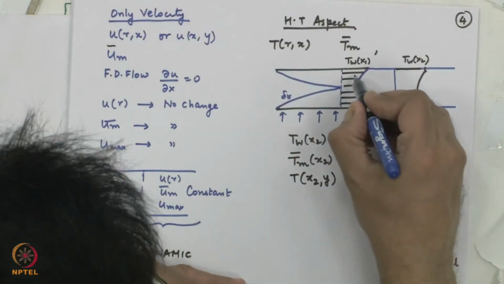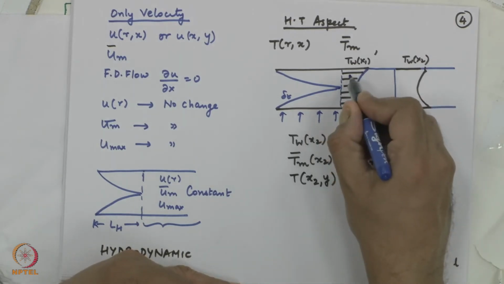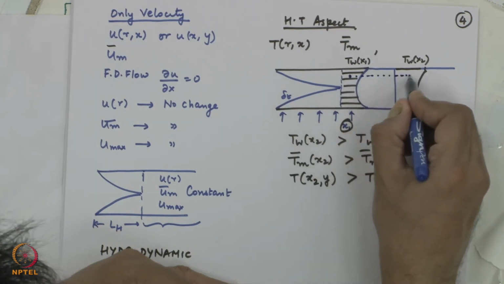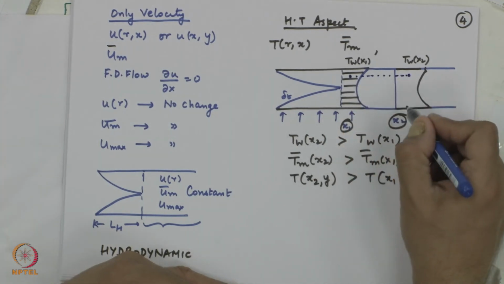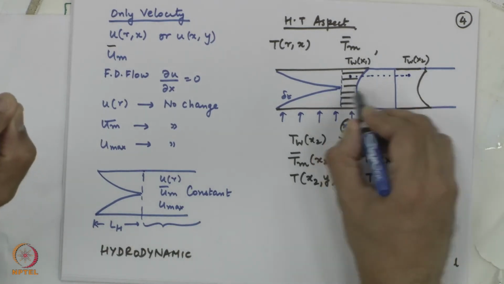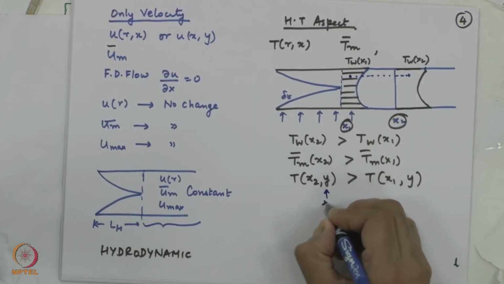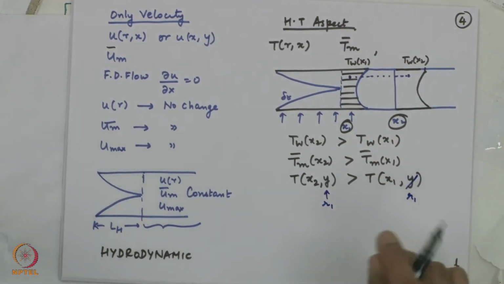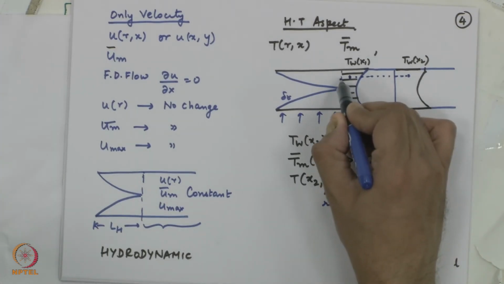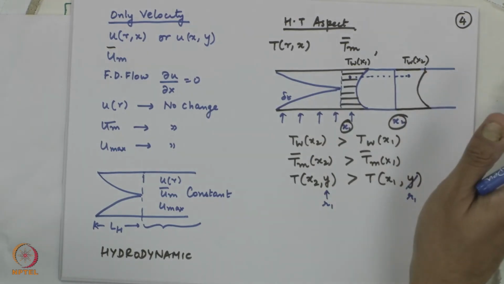If I take this y location, the temperature at this x location and this y point, and the same corresponding point I take here at location x2, the fluid particle at distance r1 from the center, as it moves from x1 to x2, would have a higher temperature.